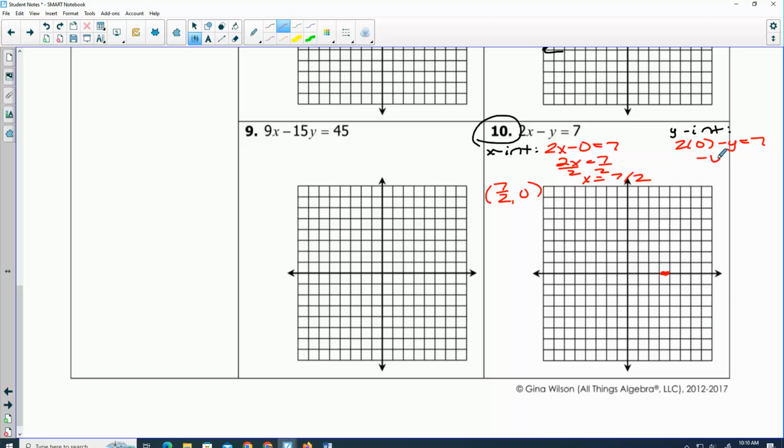Y-intercept, if your x is 0, you get negative y equals 7. How do you get rid of that negative? So we get negative 7. If I ask for that ordered pair, the x was 0, the y was negative 7.